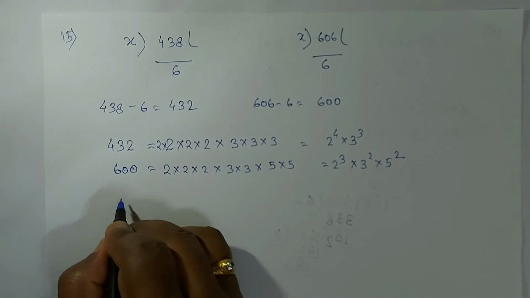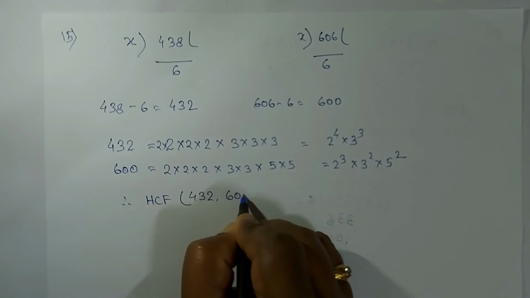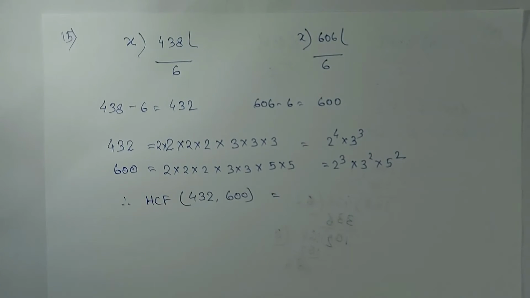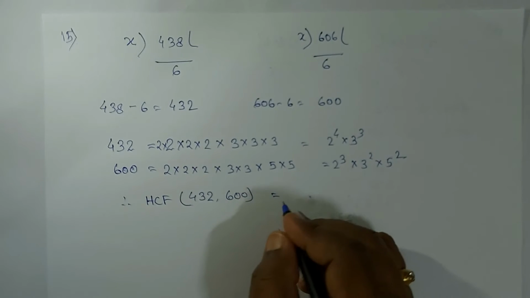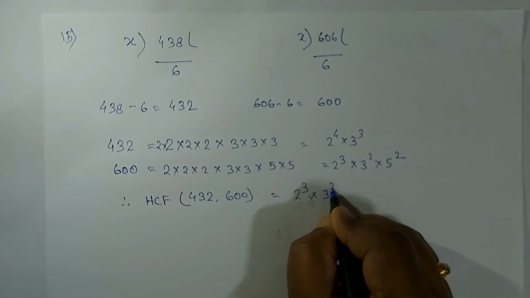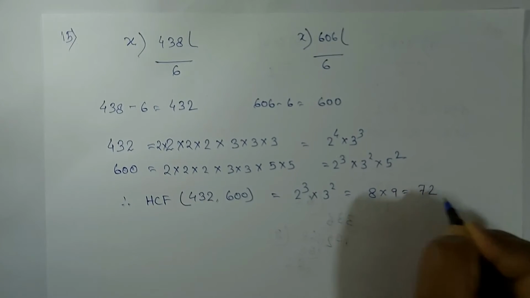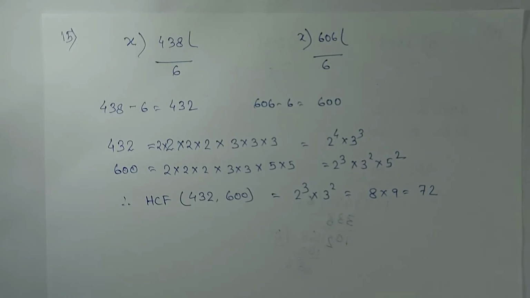So therefore we are going to determine the HCF of these two. This will be equal to 2 cube into 3, that is 8 into 9, 72.